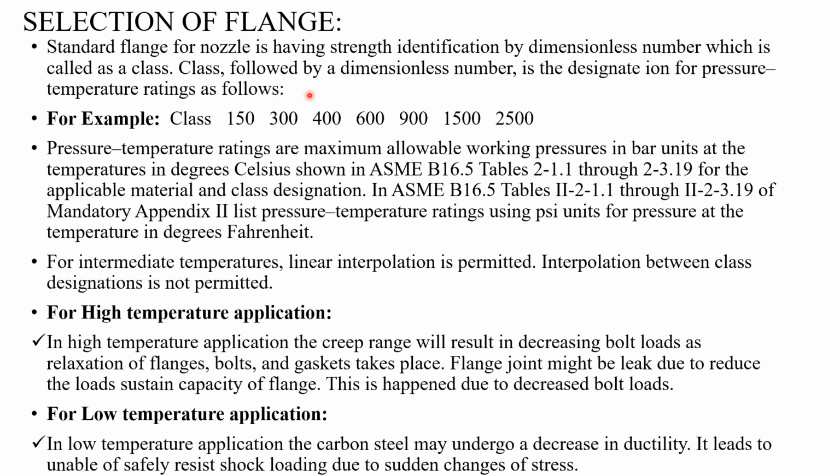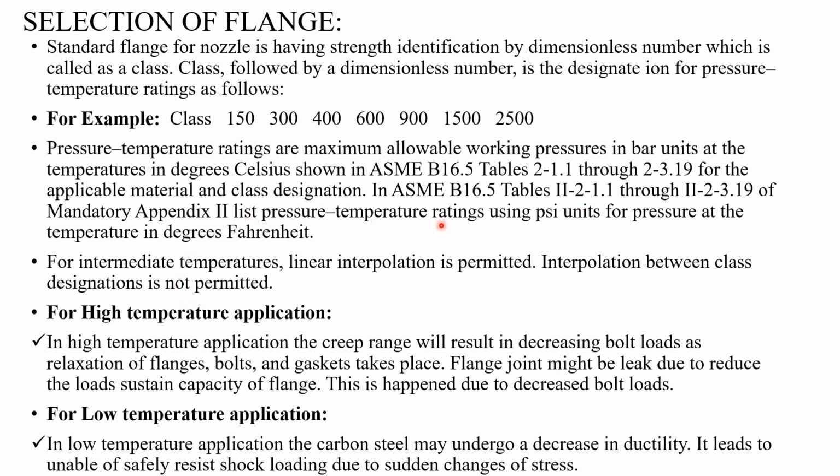And this rating is defined in ASME B16.5 tables 2-1.1 to 2-3.19 depending upon the different materials applicable, and it is also mentioned in Section 2. If you go in Section 2, even there you'll have different tables for flanges.